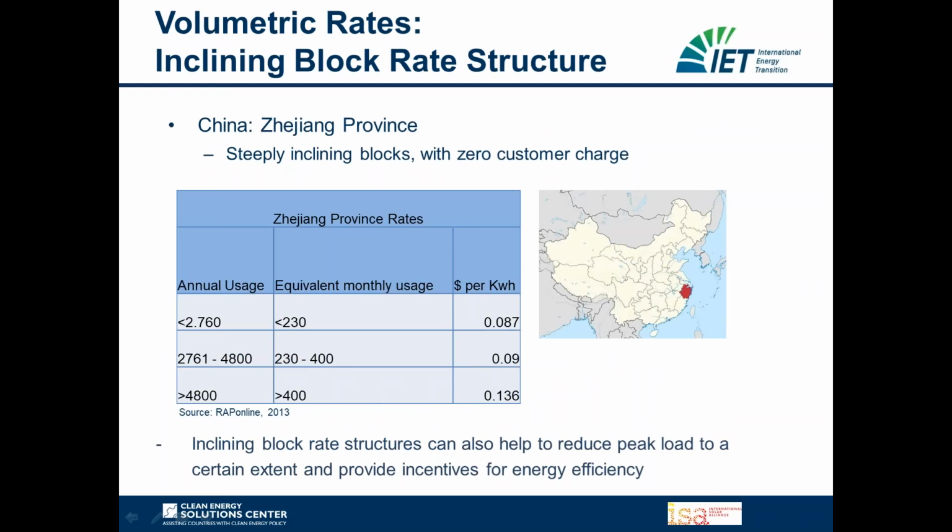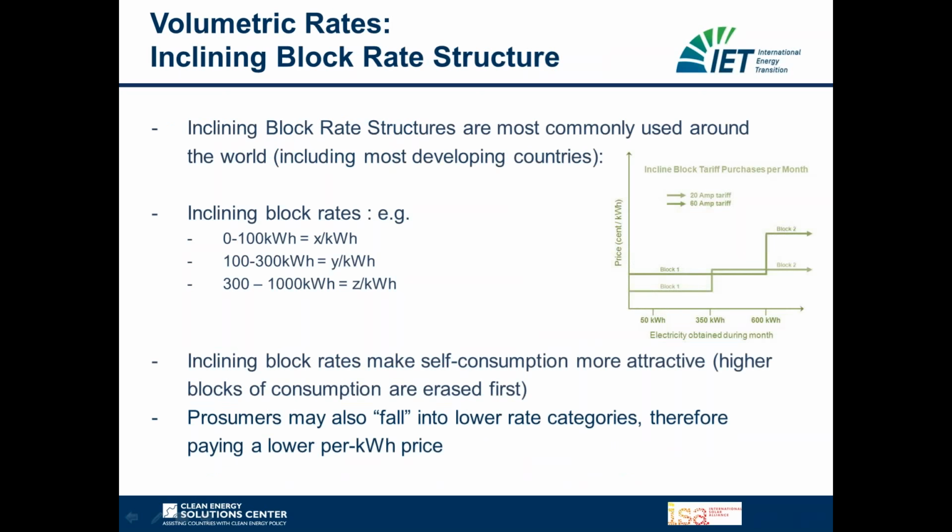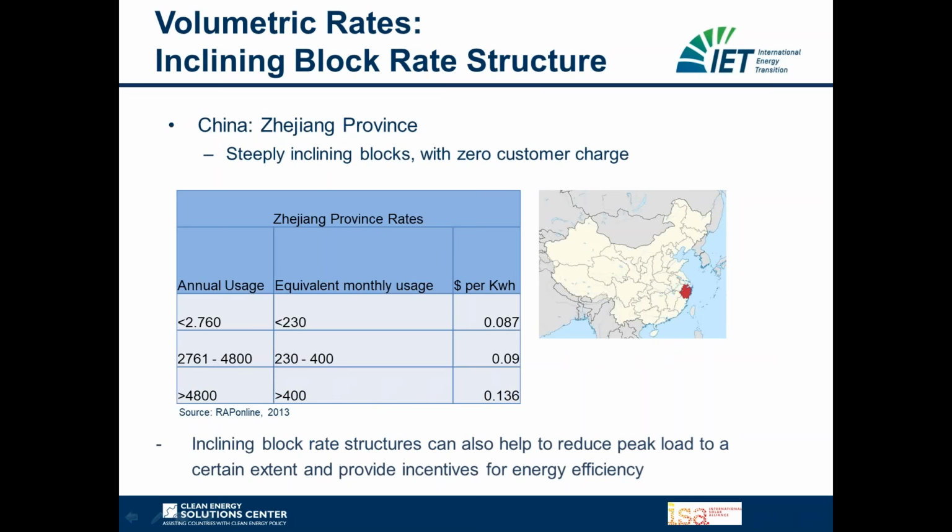Here's just one example here from China, from the province of Zhejiang. You can see that this is a province where there's no fixed cost. The whole electricity price is merely based on a volumetric basis.